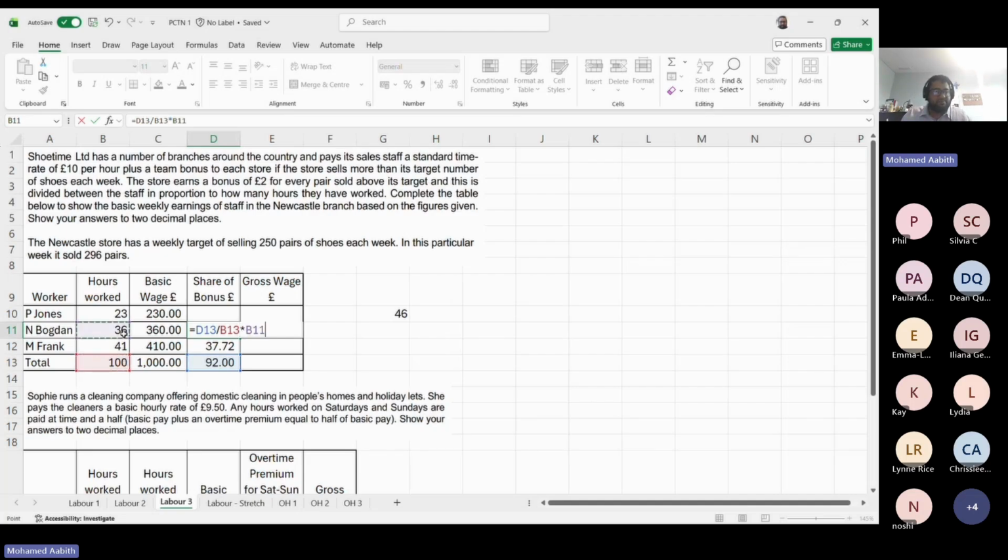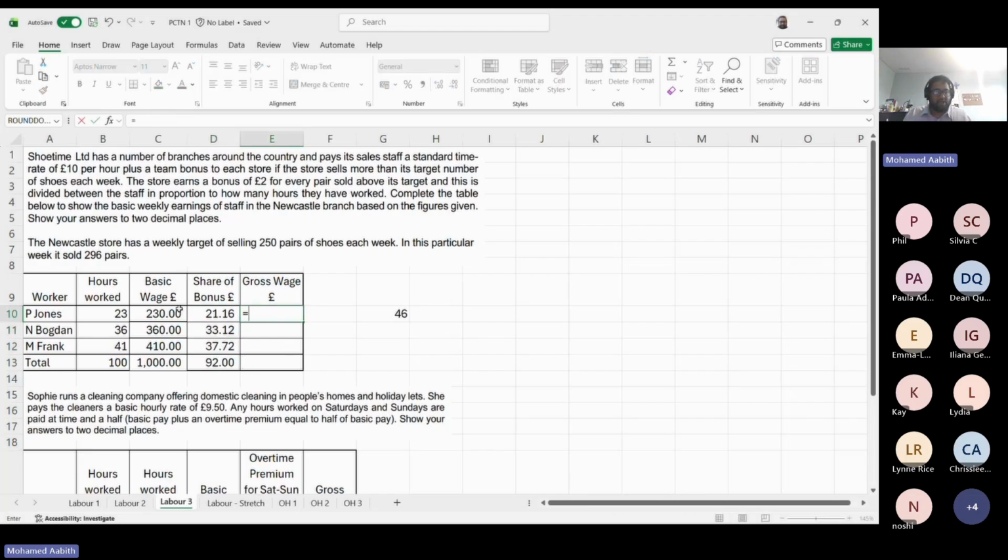Then you times by 36, and you have that number. And the last one is that divided by that times 23 hours, and we have that. Can you see here, if we add these 3 numbers, you will get this £92 again. So you have split the share of the bonus among these 3 employees to get that number.